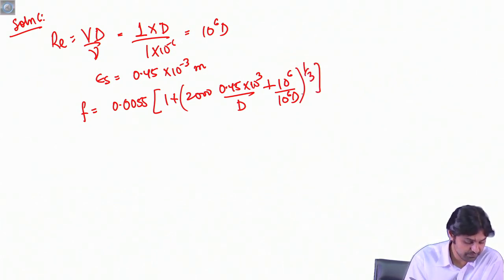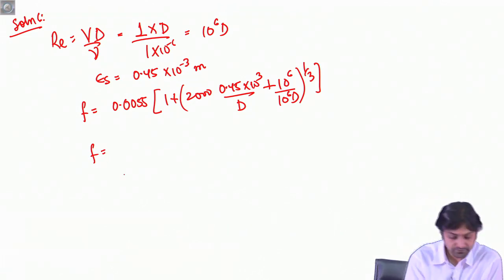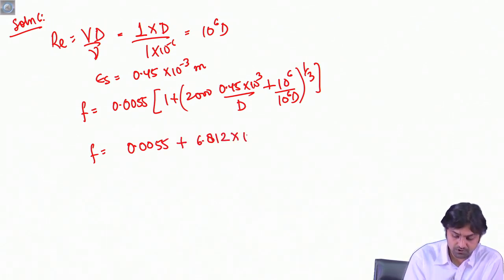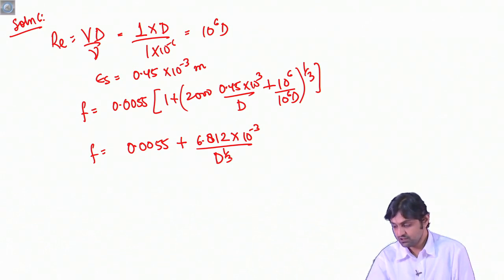All right. So f can be written as 0.055 plus 6.812 into 10 to the power minus 3 divided by d to the power 1 by 3.